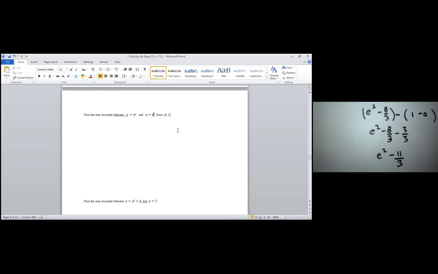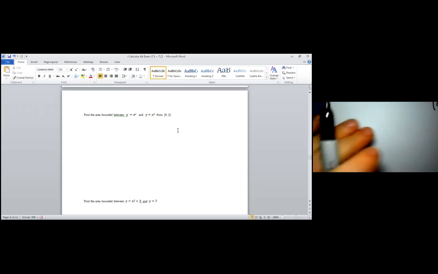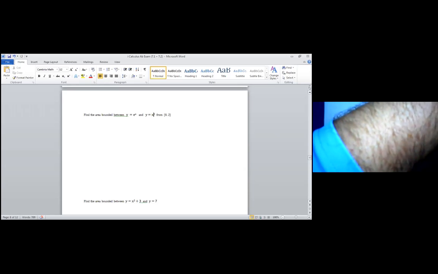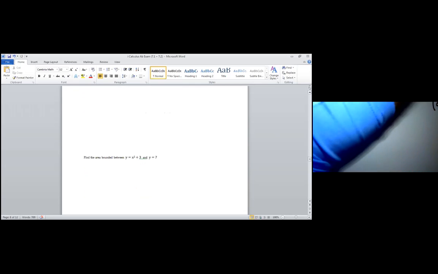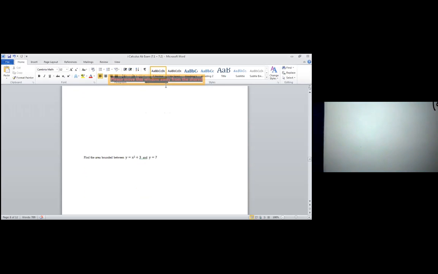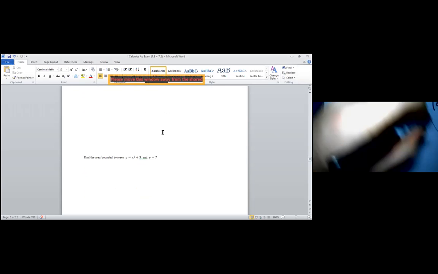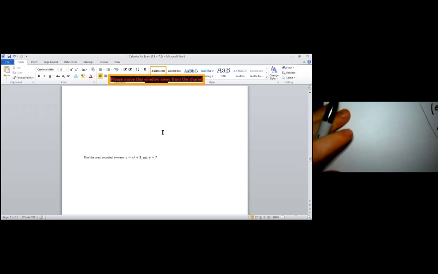Okay. If we look at the one below it, it's area bounded, but in order to get your bounds, if they don't give you bounds, we want to set things equal to each other.